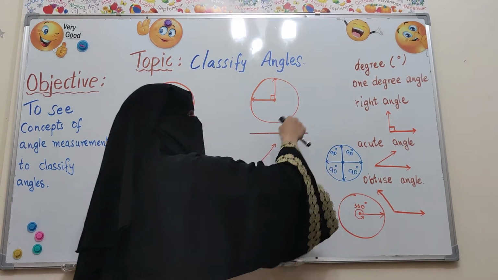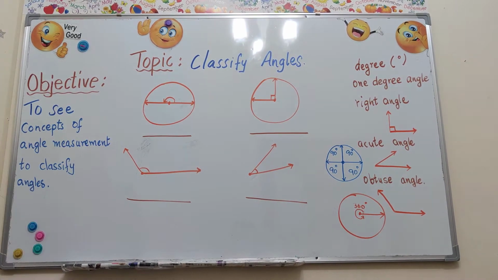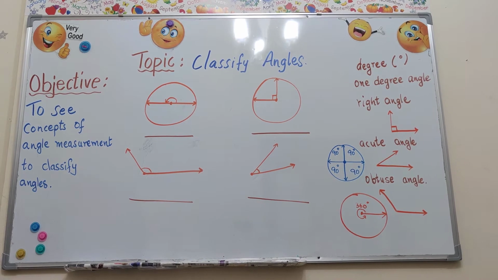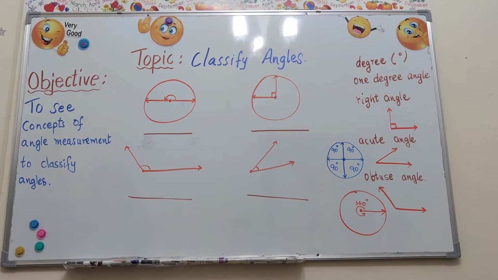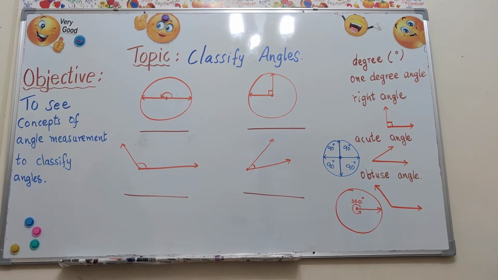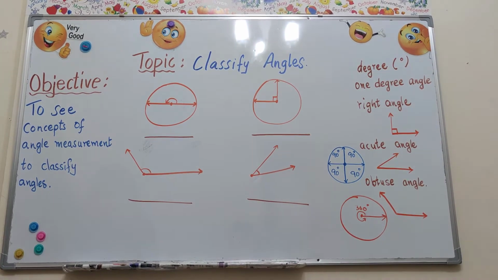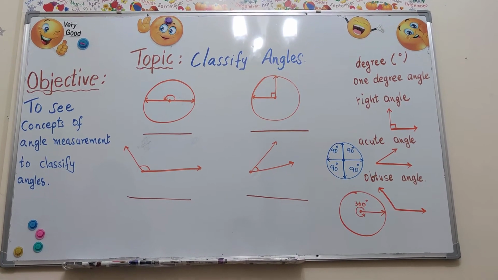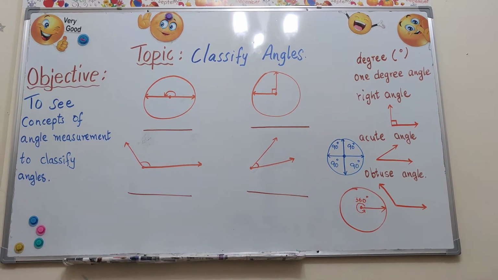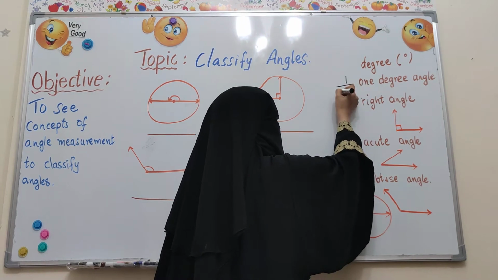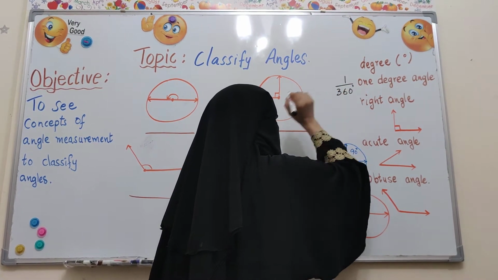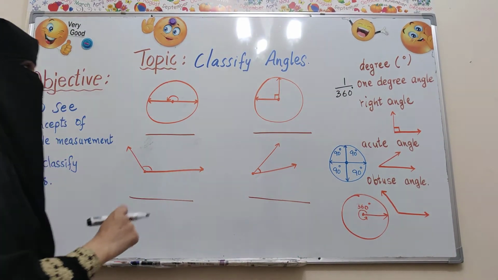Now what is the meaning of a 1 degree angle? That means an angle that turns through 1 out of 360. It is 1 out of 360 of a circle. It is called a 1 degree. This is the turn.